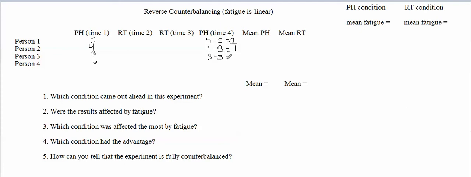And try to choose ratings so that you won't end up getting anything lower than a 1. And I ended up getting a 0 here. It's on a 1 to 7 scale.